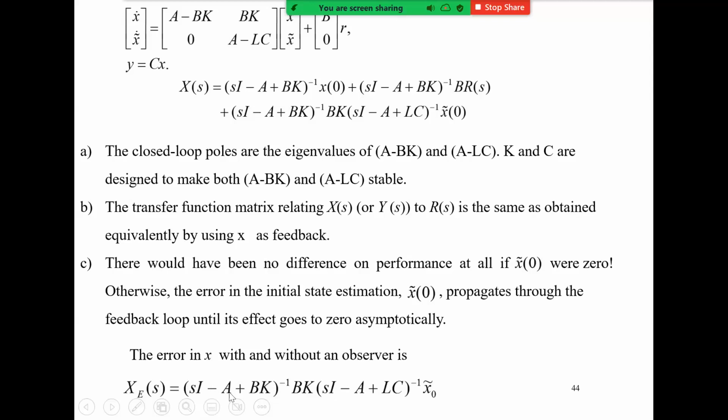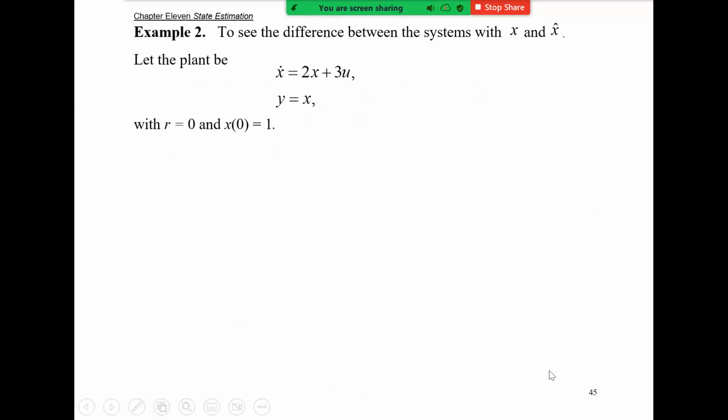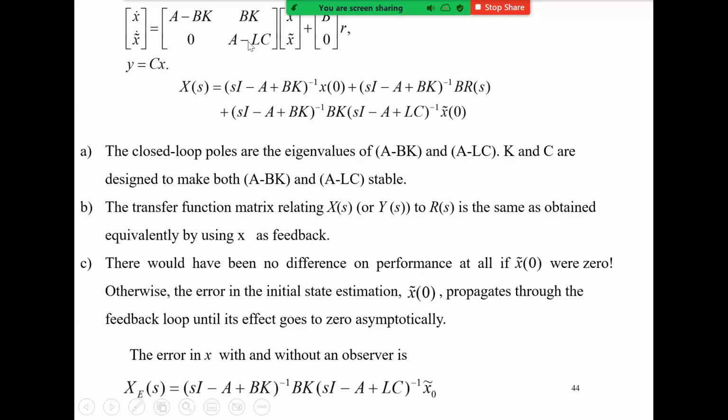This corresponds to the closed loop control system, and this corresponds to the observer, A minus LC. Now clearly, the whole system is stable as long as A minus Bk and A minus LC are stable. There is no question about that.